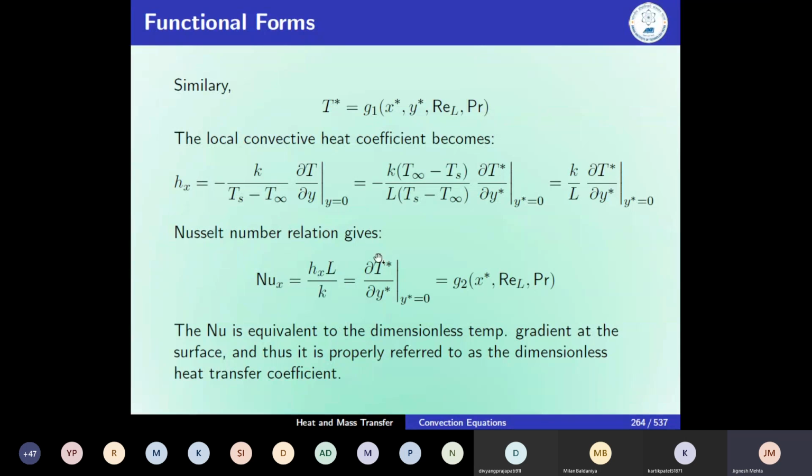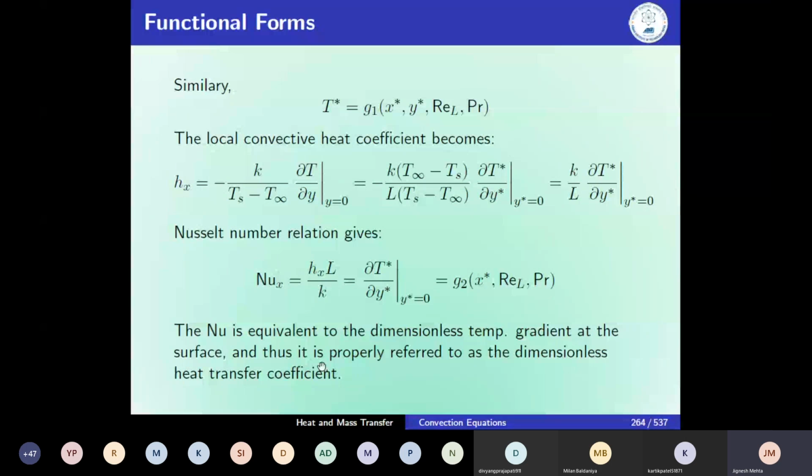That is the non-dimensional temperature gradient at the surface. And what does this dT star by dy star depend upon? T star depends upon X, Y, Reynolds number, Prandtl number, but now you're talking about dT by dy, so this Y star disappears. So it's a function of X star, Reynolds number, and Prandtl number.